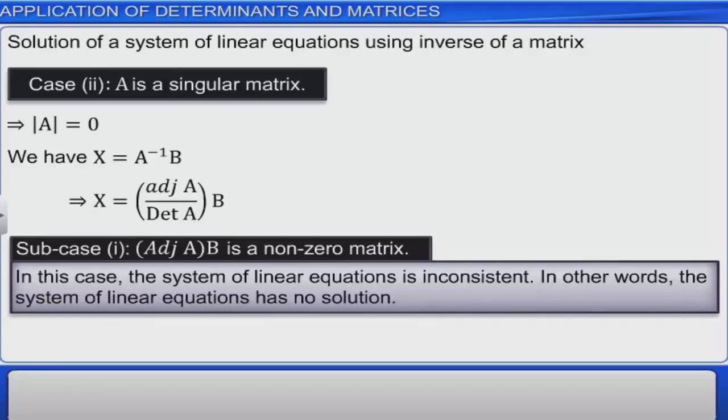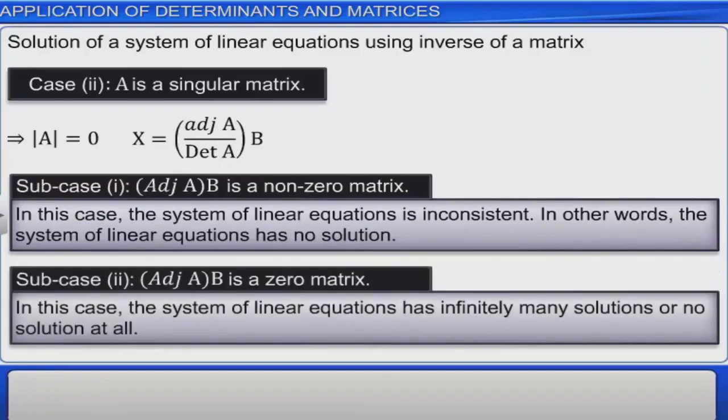On the other hand, if adjoint of A into B is a 0 matrix, then the system of linear equations is either consistent or inconsistent. Accordingly, the system of linear equations has either infinitely many solutions or no solutions at all.